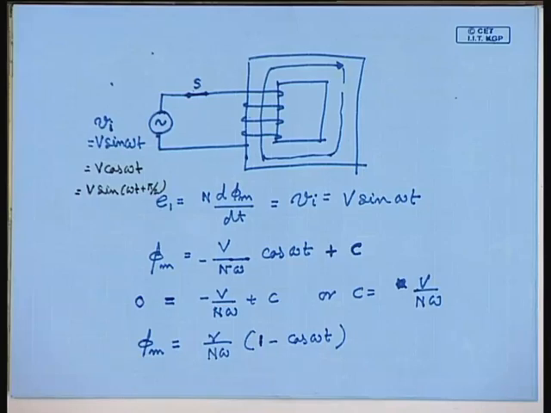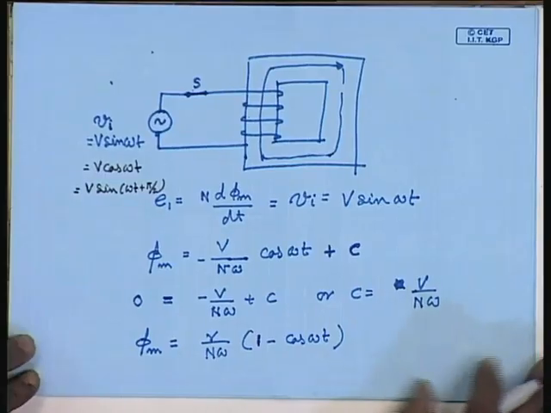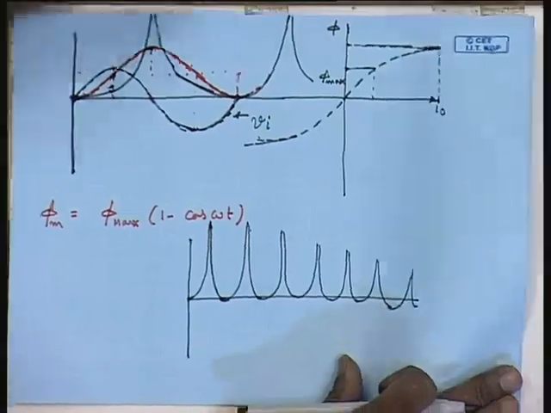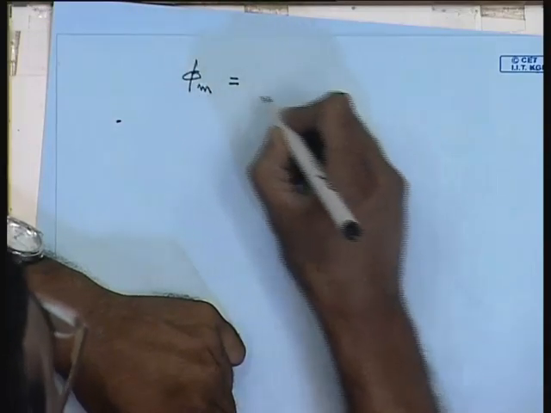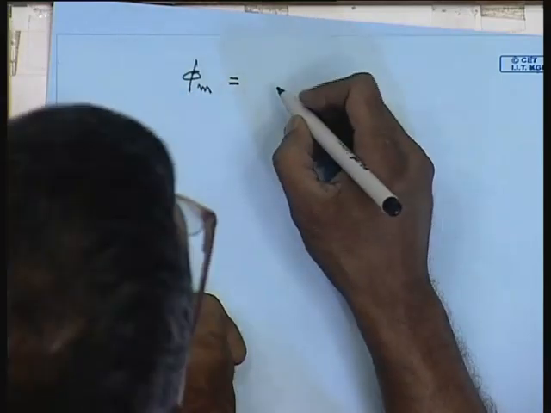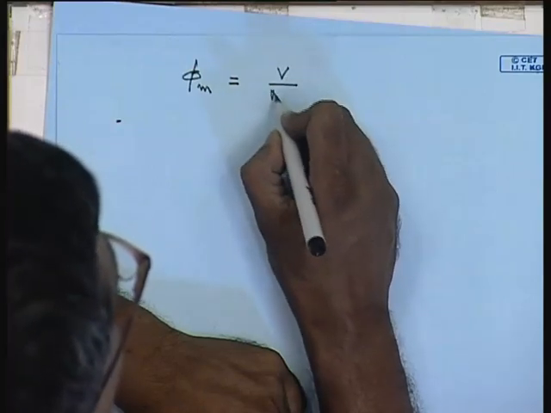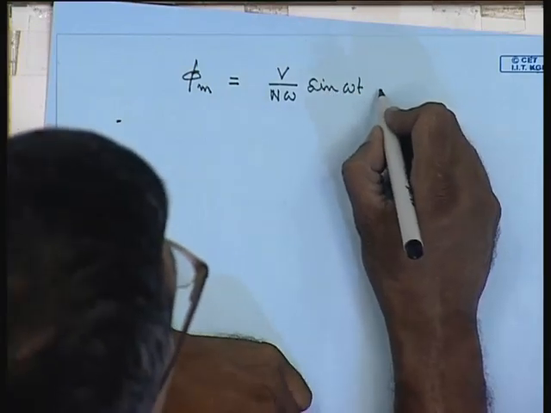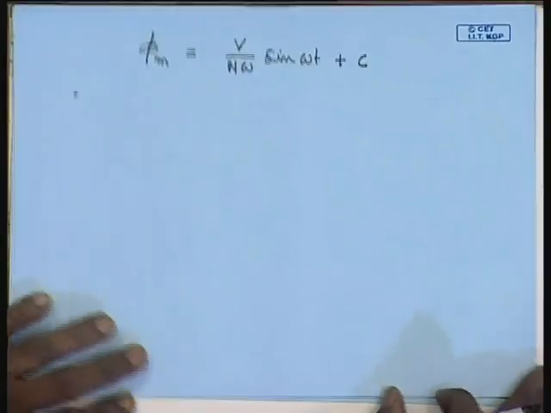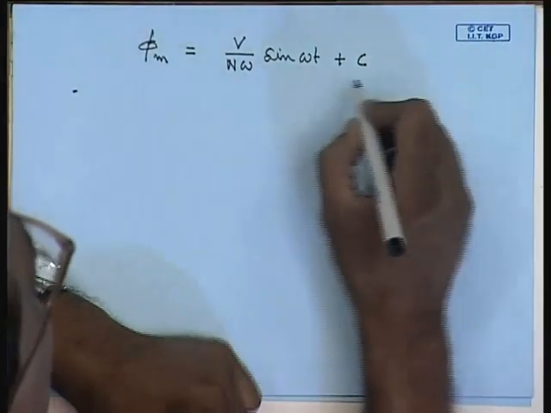In which case, that is if we would have switched on at the positive peak, then the flux waveform phi m would have been, and if at t equal to 0 phi m was 0, then C also would have been 0.